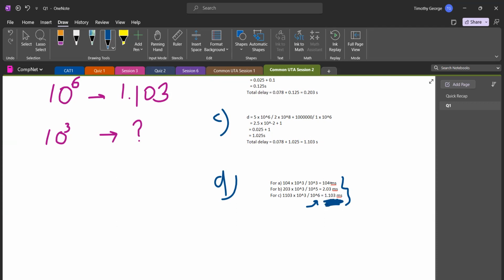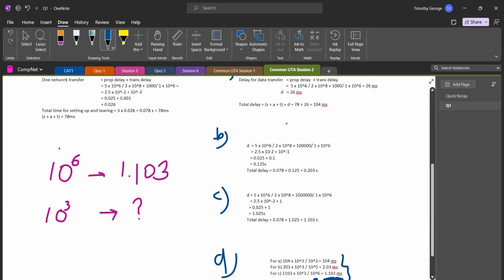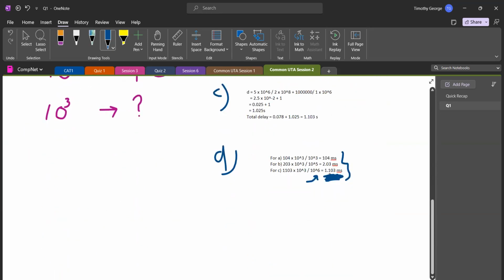What this means is we spend so much time trying to set up this network, but we sent so little data in the first part, let's say 1,000 bits. It was not worth it. But when we had to send 1 million bits, it was worth doing this whole connection, because every 1,000 bits only take 1 millisecond.